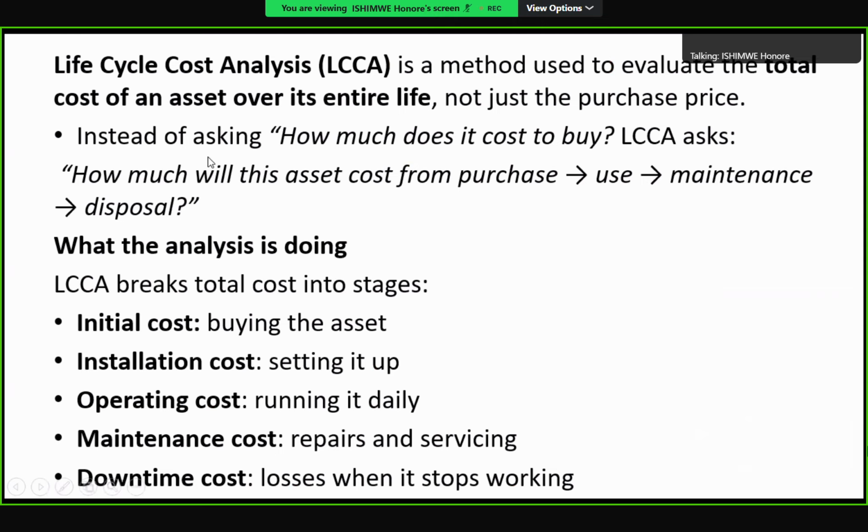So instead of asking how much it costs to buy this machine, life cycle costing analysis, the LCCA, asks: how much will this asset cost from the purchase, through the use, the maintenance, and even to the disposal?